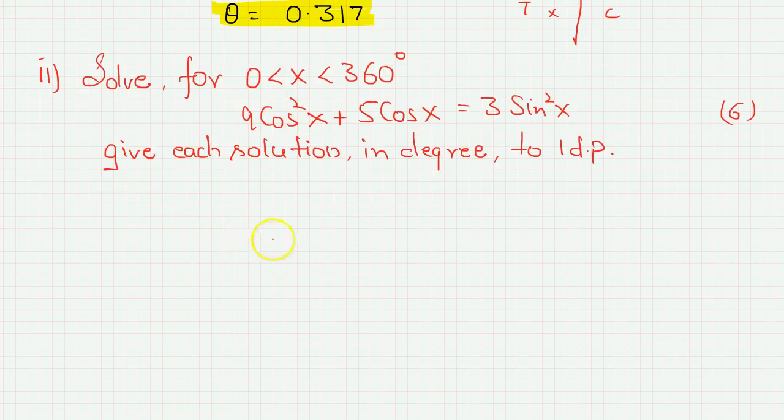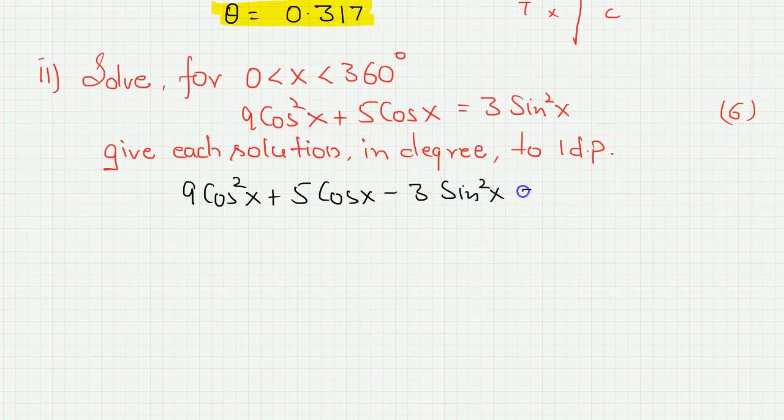So we know that in this question we have 9 cos square x plus 5 cos x minus 3 sin square x is equal to 0. We have to convert it: this is a cos, this is a cos, this is sine. So this sine is supposed to be converted into cos.